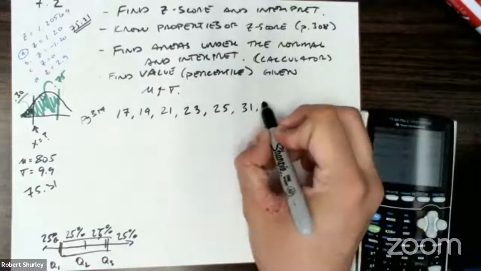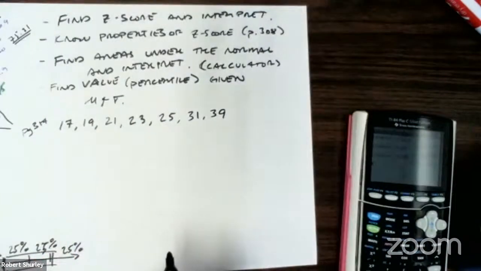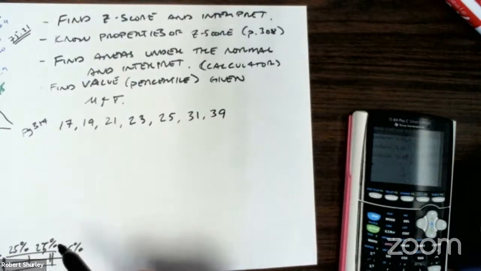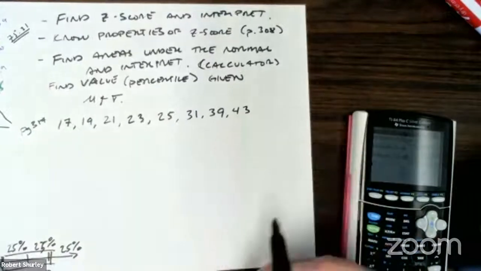And 39. Those are too good. 39. Well, I'm going to keep going. They do some really good, real world kind of examples here. But yeah, 43 is a good one for quality assurance stuff.